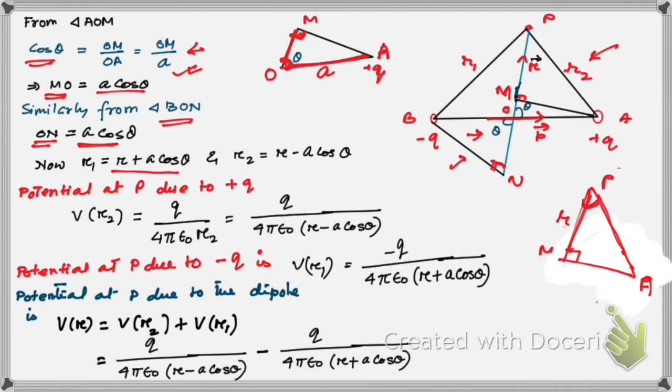So this is R and this is R2, and this length OM we have already got is also A cos theta.